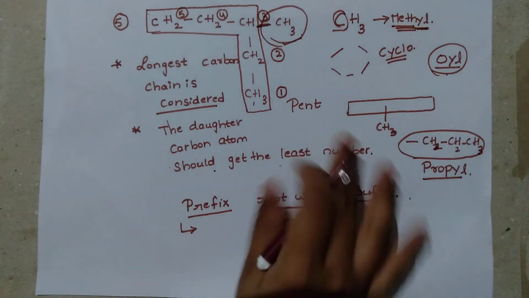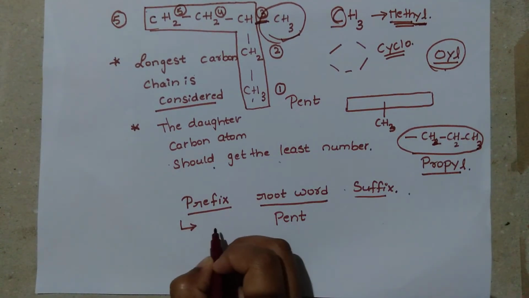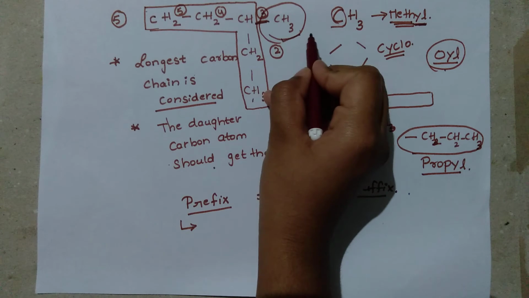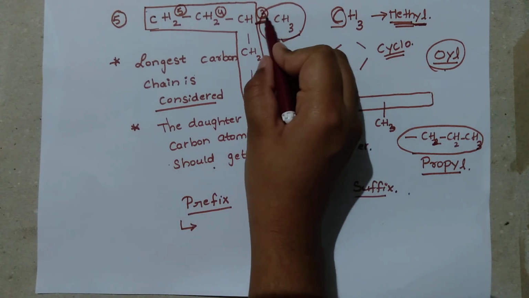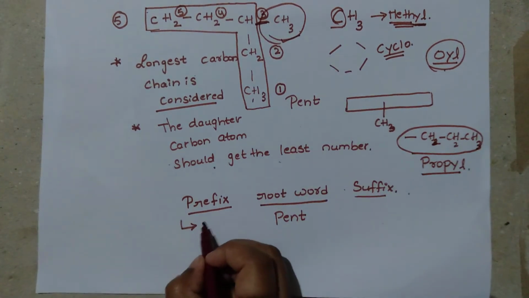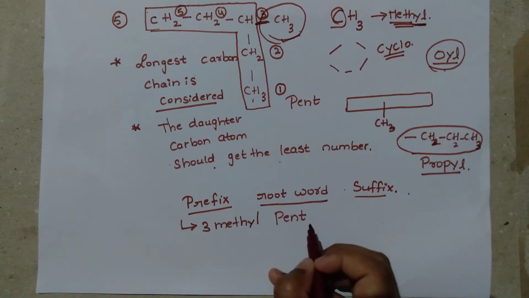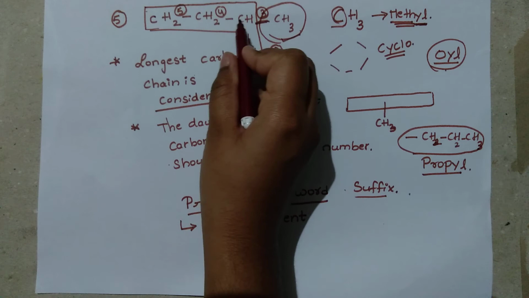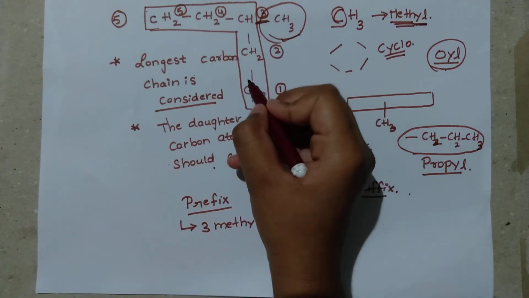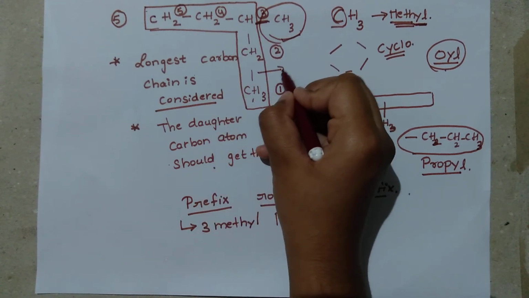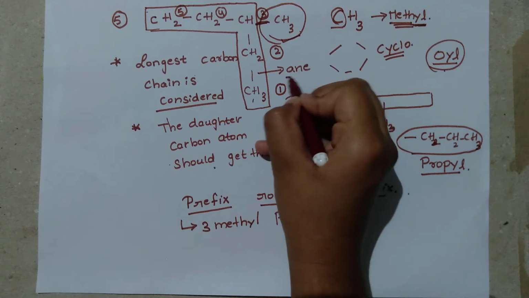So here we need to write the prefix. Where is the methyl present? Near the number 3, so 3-methyl pent. What are the bonds present between them? Single bonds. When single bonds are present, we need to write ane.